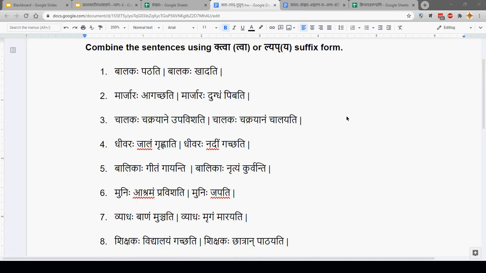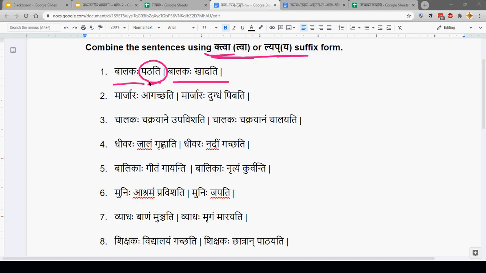Balaka pathati, balaka khadati. So here in the twa and lyap, remember, these are used to indicate the action happening first. In this case, balaka patati, after that he eats.